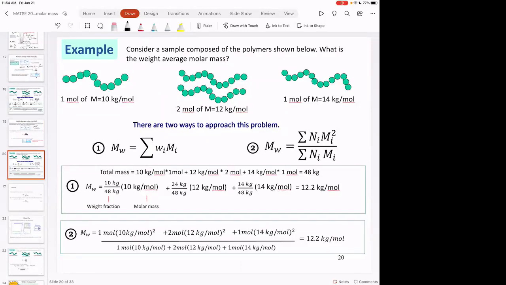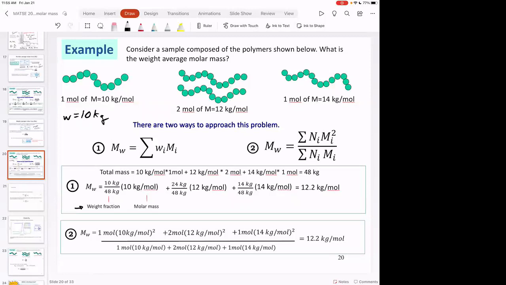So if we want to calculate the weight fraction, we can make a calculation like this. So we have 1 mole of 10,000 grams per mole. If we have 1 mole of 10,000 grams per mole stuff, how much does that weigh? 10,000 grams, or 10 kg. W equals.